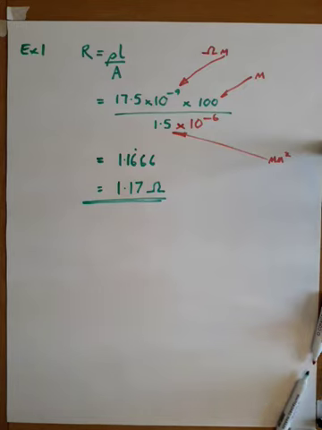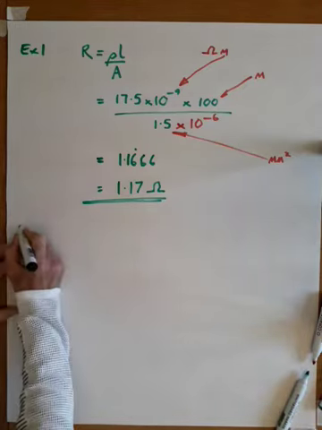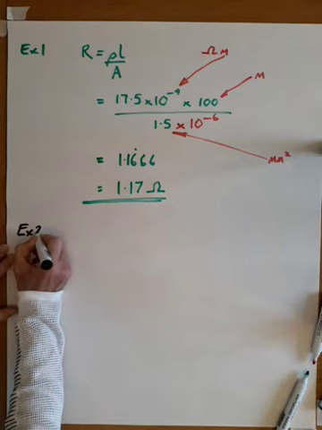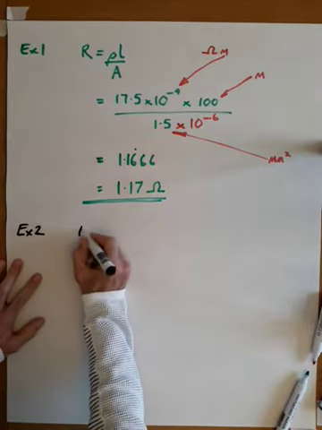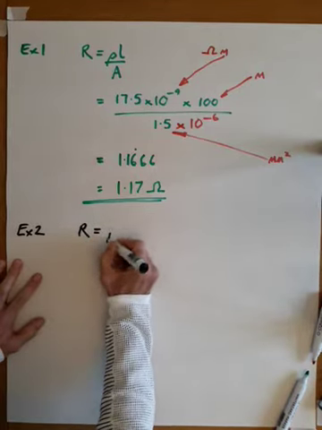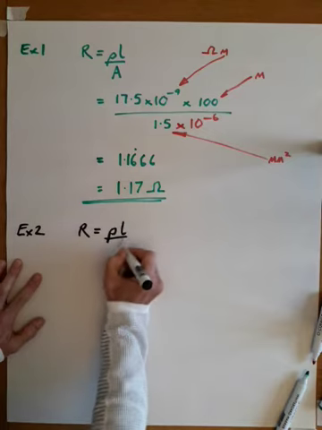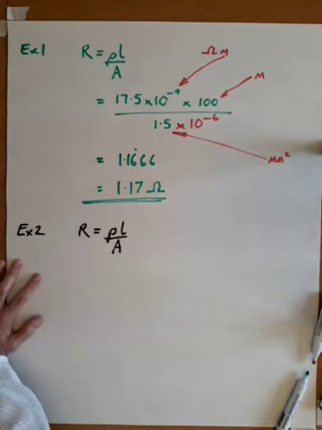So let's look at the second example. I'm going to present the information slightly differently in example 2. Still start with the same formula. R equals rho L over A. And the question says, find the resistance of a 50-meter long length of copper cable.